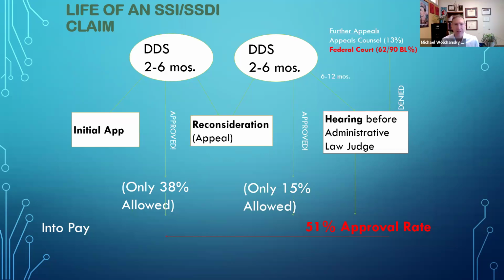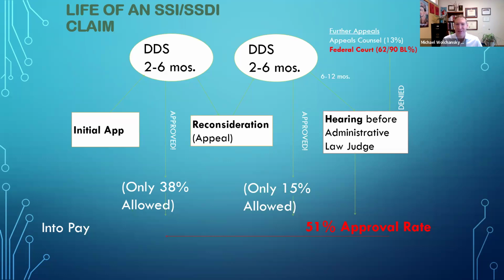Federal district court, we only take cases that we feel will prevail because you don't want to clog up the systems, but there's also a very high success rate when we go to federal district court. I will say the Appeals Council rate is 13%. Doesn't look that great, but we have been seeing a lot of remands recently. I think because they probably don't want to go to district court because they don't want to get all these bad decisions saying, hey, you did this the wrong way.